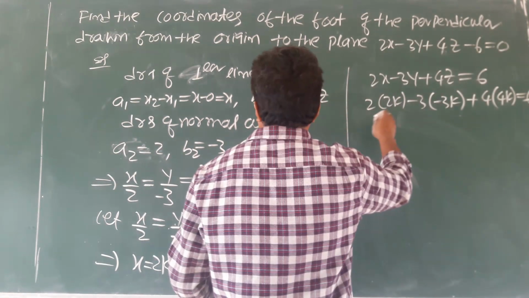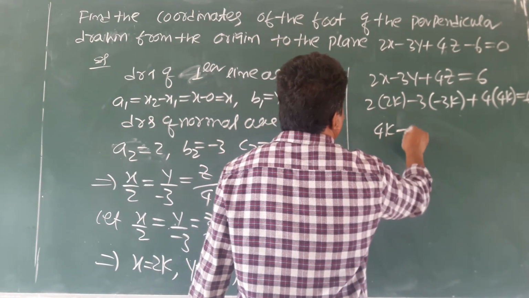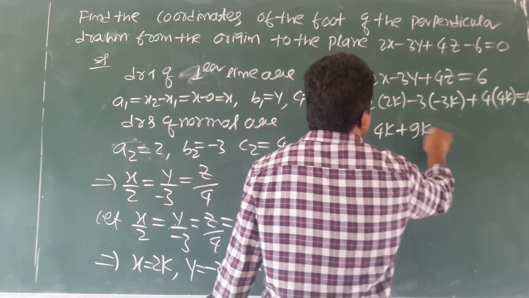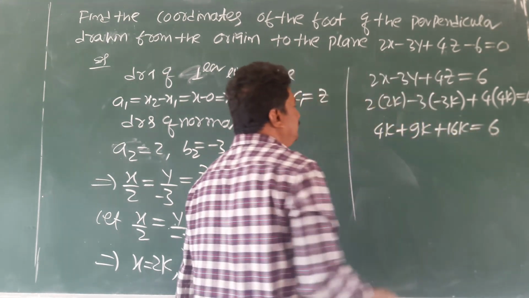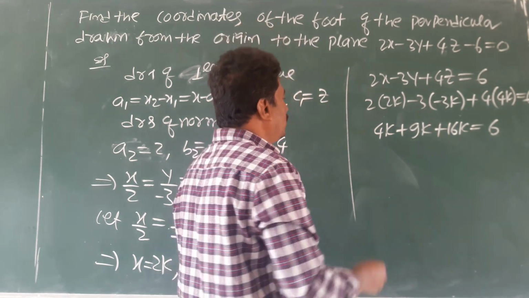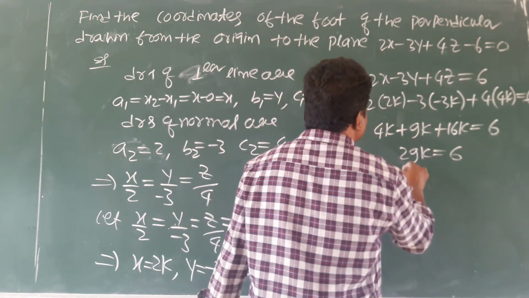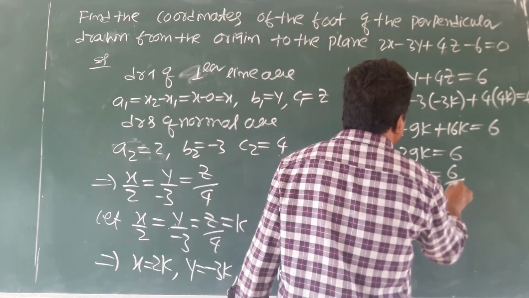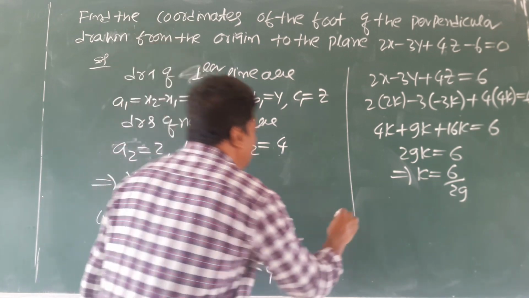Simplify that. So 2 2s are 4k plus 9k plus 16k equals 6. 16 plus 9 is 25, plus 4 is 29k equals 6. That implies k equals 6 by 29. Find out x value, y value, z value.